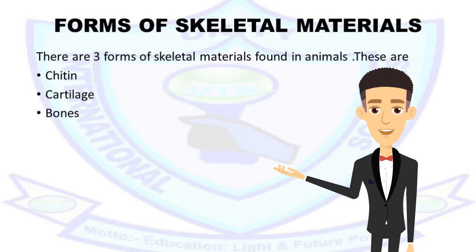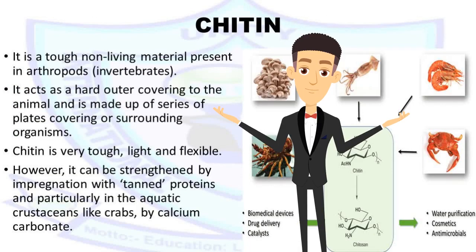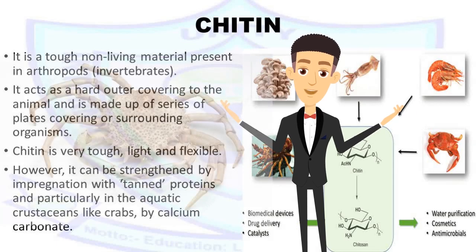There are 3 forms of skeletal materials found in animals. These are 1. Chitin. 2. Cartilage and 3. Bones. Chitin is a tough non-living material present in arthropods, invertebrates, like crabs.